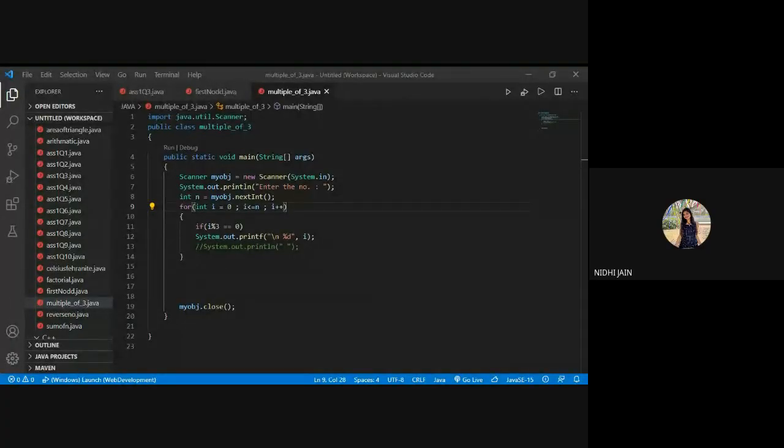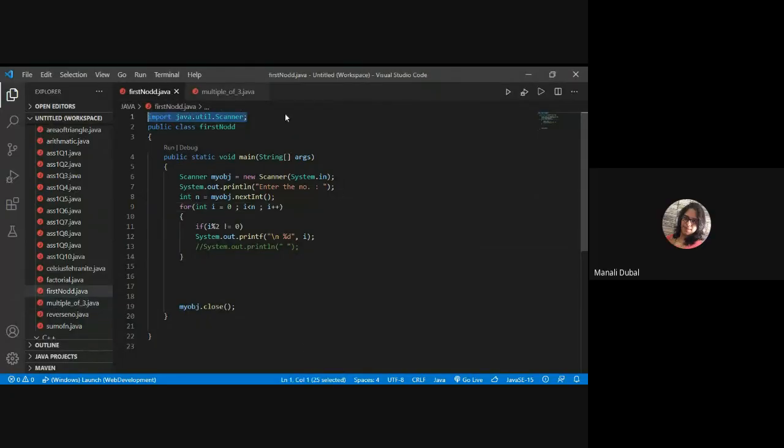Yes, I can see your screen. You have entered the input number already. You are printing all the odd numbers, right? See, the first question was, you have to print the first n odd numbers.